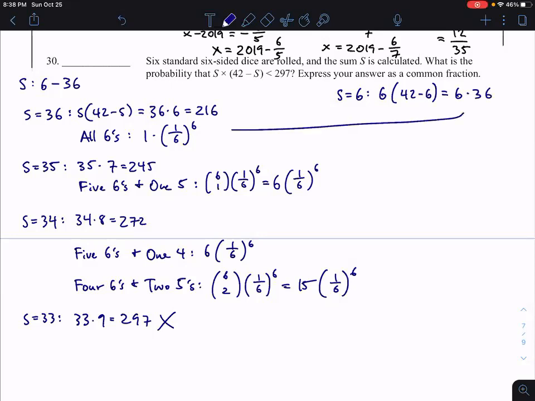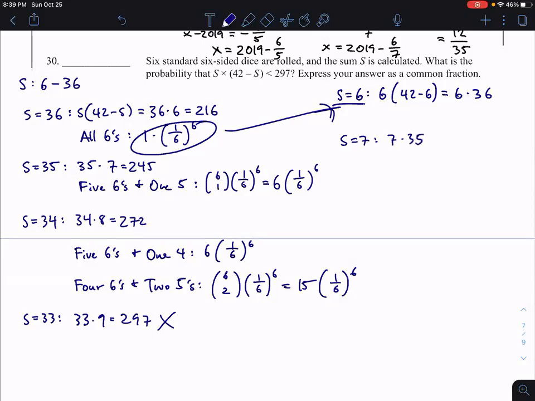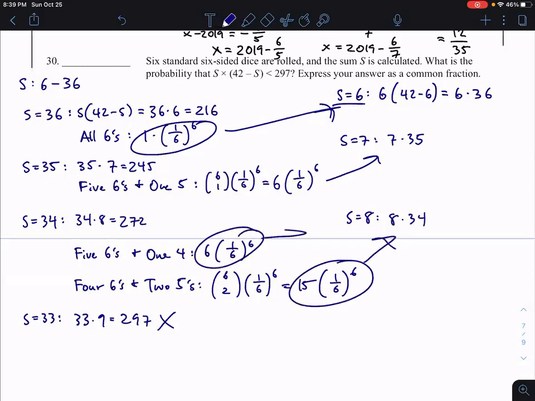This is just the same as that. So the probability when S is equal to 6 is just this as well. And the same goes for when S is equal to 7. You have 7 times 35. We'll just use this probability. And then when S is equal to 8, you have 8 times 34. And we'll use these two probabilities.